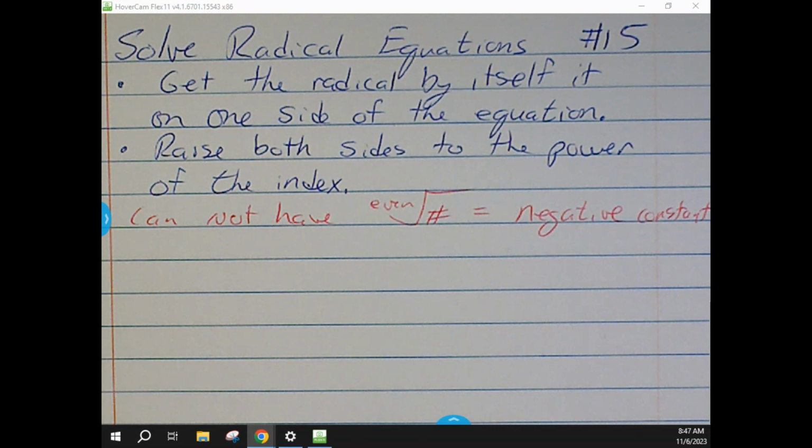Negative x or something along those lines is okay. But just a negative constant, you cannot have, because that's going to give you an imaginary number. And in this case, we're not worrying about any imaginary solutions. Everything has to be real number solutions.